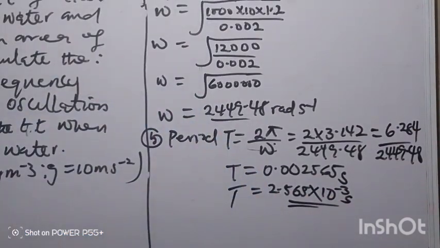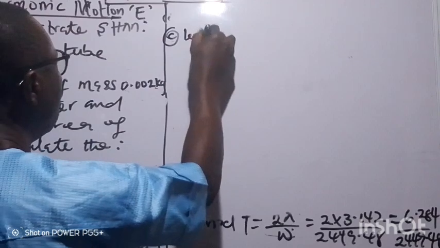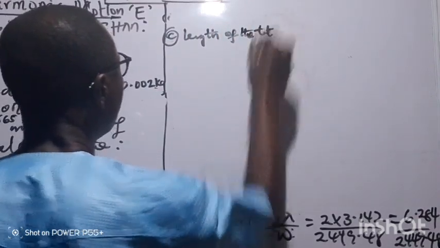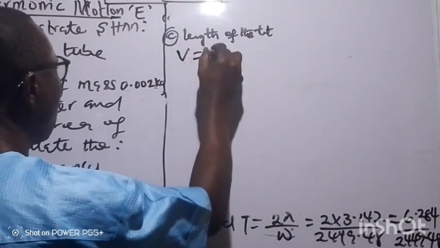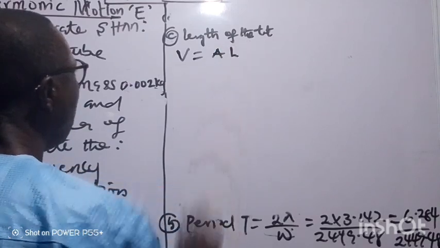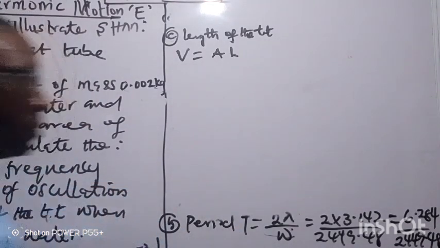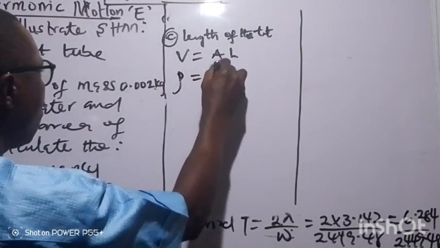Now, the last question under this one, question C, length of the test tube on water. Don't forget, volume is equal to area multiplied by length of the test tube. From this one, the volume can be calculated by using density is equal to mass over volume.